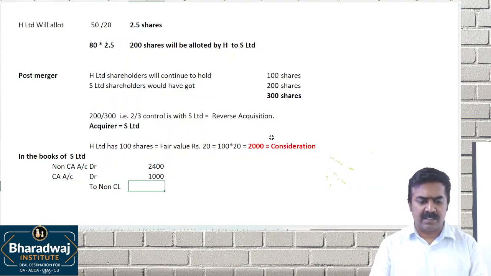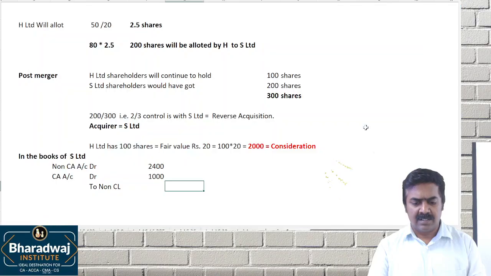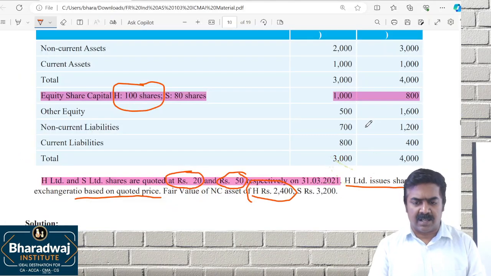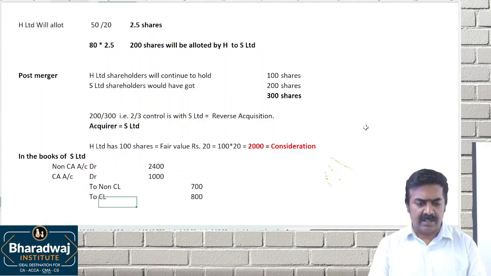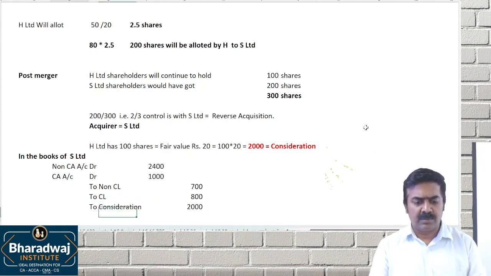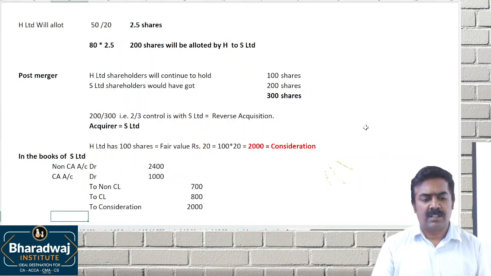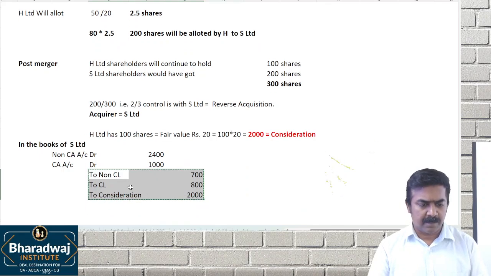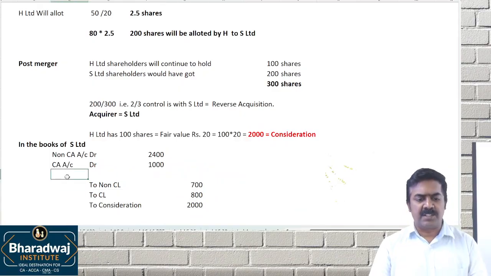Non-current liabilities are 700. Current liabilities are 800. To consideration, nothing but the capital, 2,000. The balancing figure can be goodwill or gain on bargain purchase. What is the balancing figure?